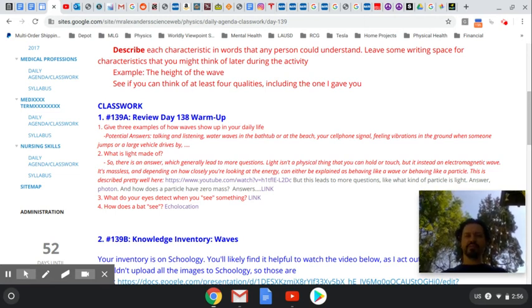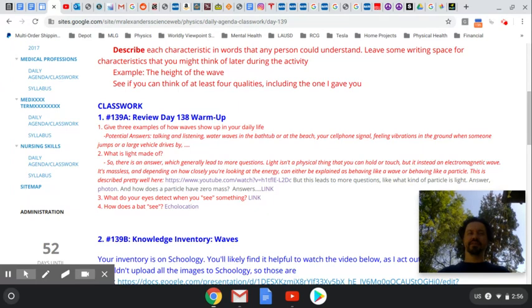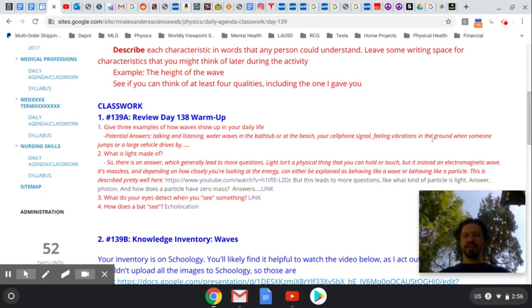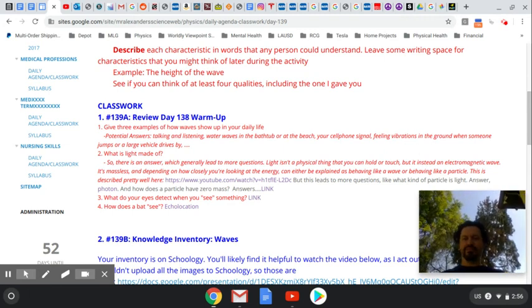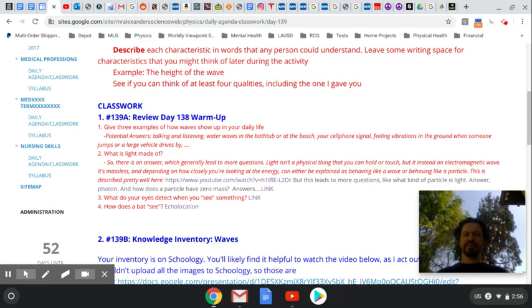That energy going from the router to your device, whether it's your phone or computer, that's waves. If you use your phone, your cell phone signal. I'm just reading all this stuff here. You're feeling the vibrations, waves.